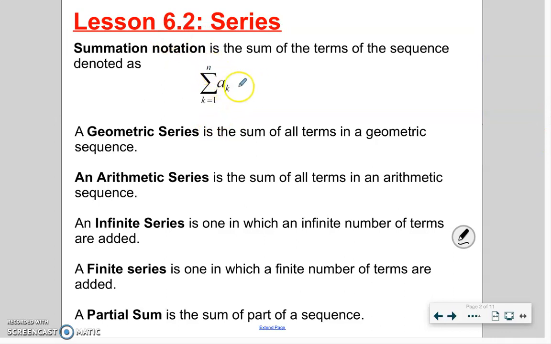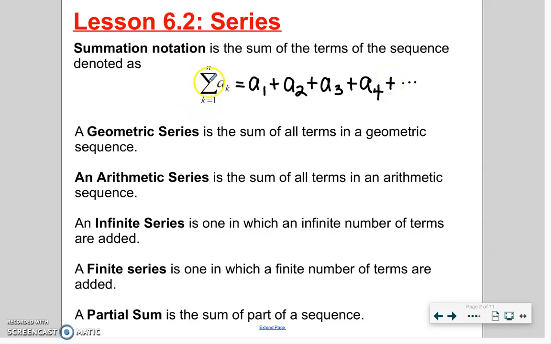And the way that this works is this big E symbol, it's called sigma, that represents an arithmetic operation. And so what this sigma means is it means to take a certain number of items and add them together. Okay, so that big sigma symbol means add all the things, okay?